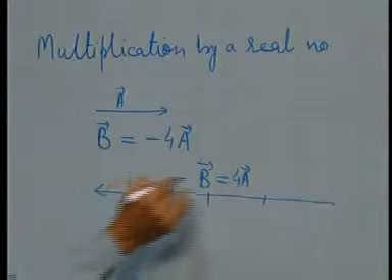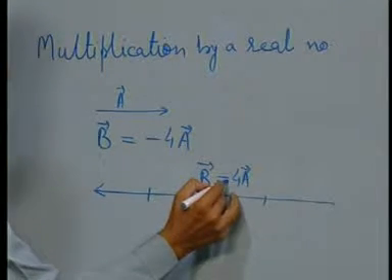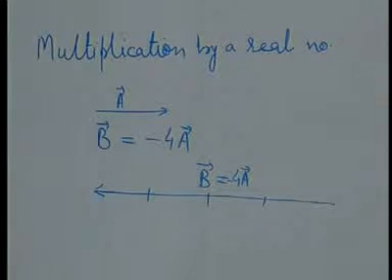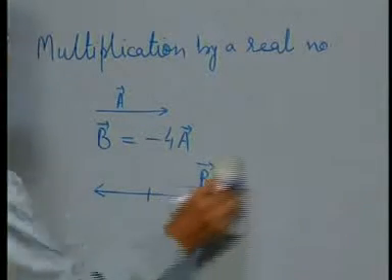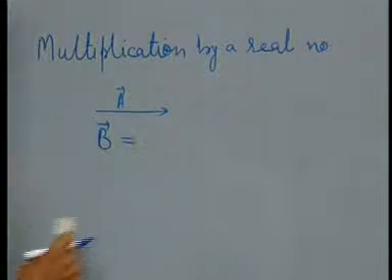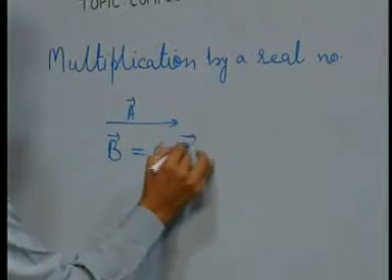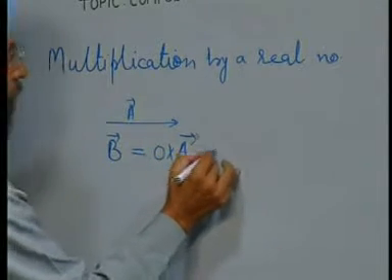Direction of B in this case will be opposite to that of A. In case we multiply with 0, 0A is equal to 0 vector.